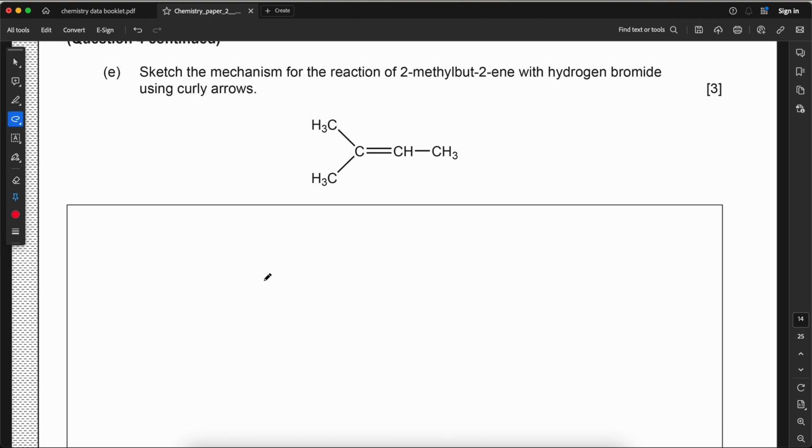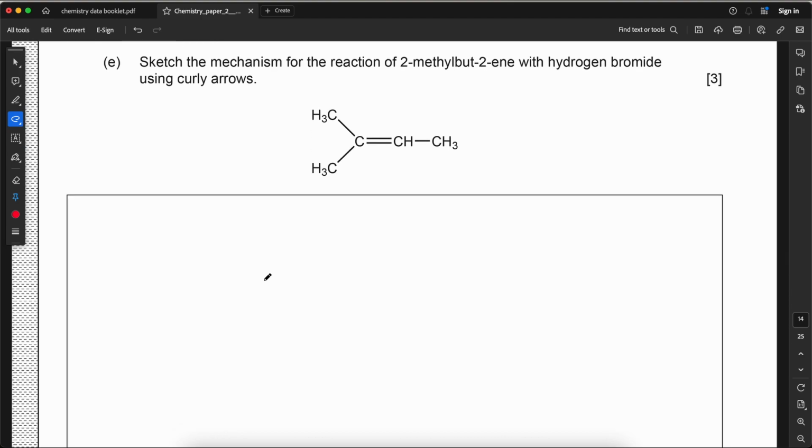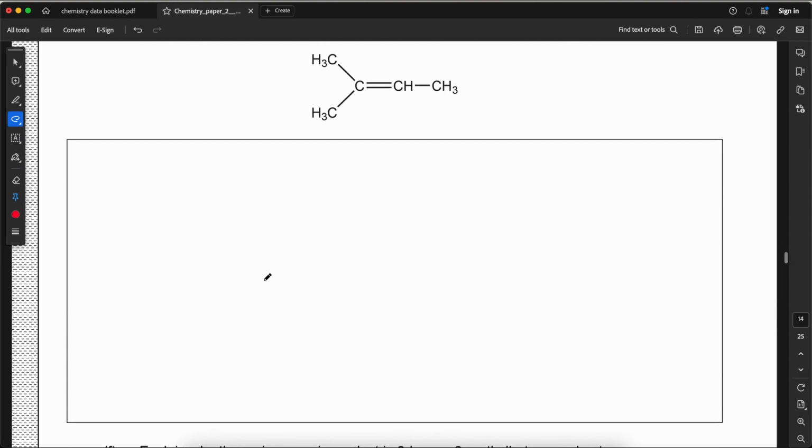Sketch the mechanism for the reaction of 2-methylbutene with hydrogen bromide using curly arrows. Okay, so H3C, CH3, C, CH3, double bond CH and CH3. When it reacts with HBr, this will go here, and this should be like this.